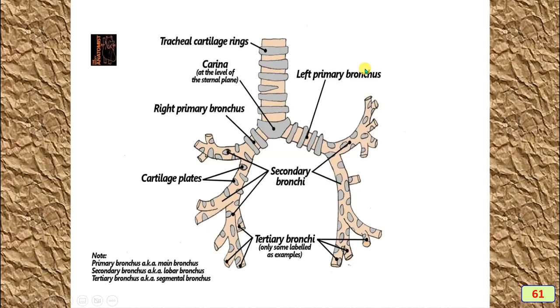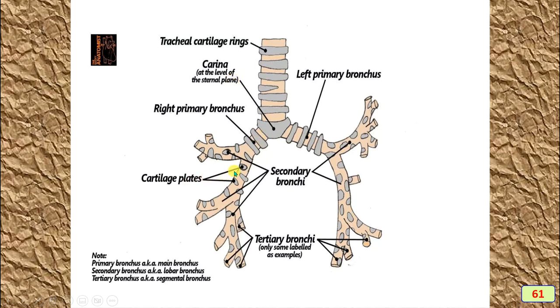This is the structure of the tracheal cartilage or rings, then the left primary bronchus, the right primary bronchus, and the junction of left and right is called the carina. It lies at the level of the sternal plane.